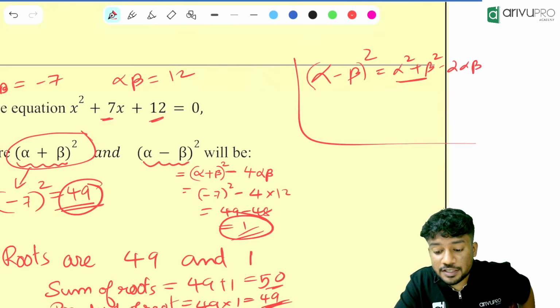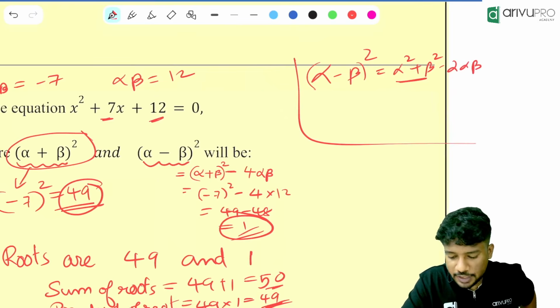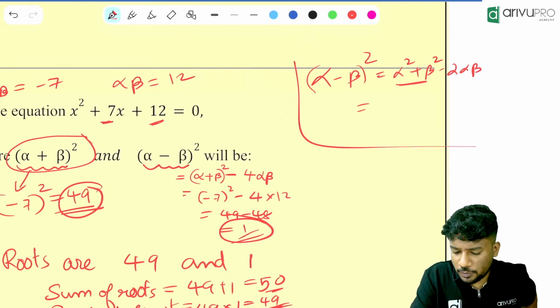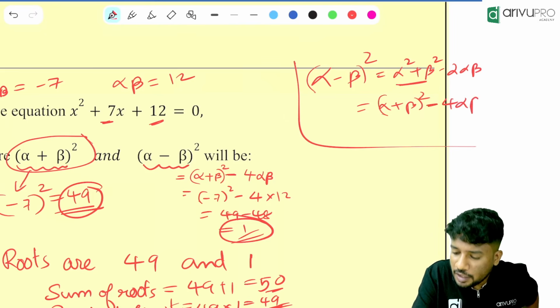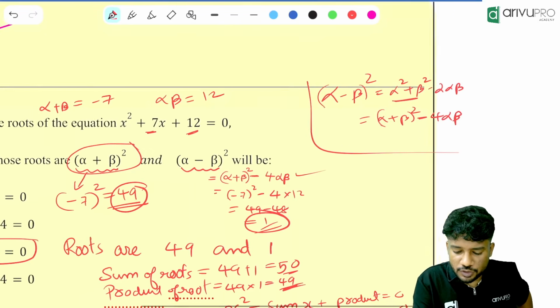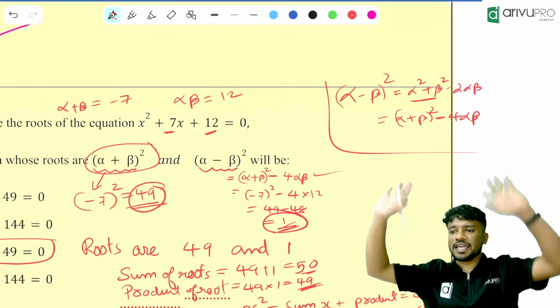We will write it in terms of alpha plus beta the whole square and alpha beta. So how to write it? It is nothing but what, people? Alpha square plus beta square will become alpha plus beta the whole square minus 2 alpha beta. So substitute over here, and we got the second root as how much? 1. So we have both the roots.